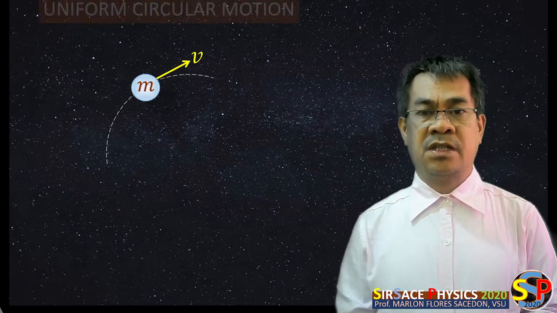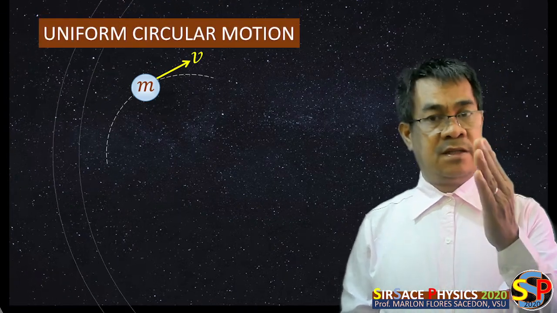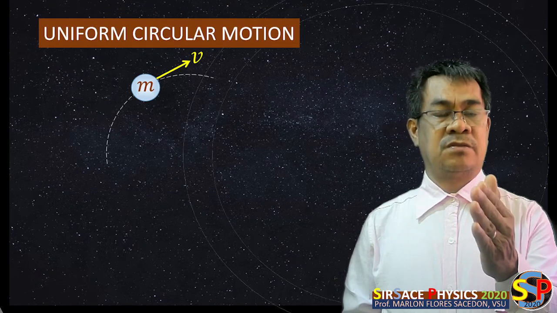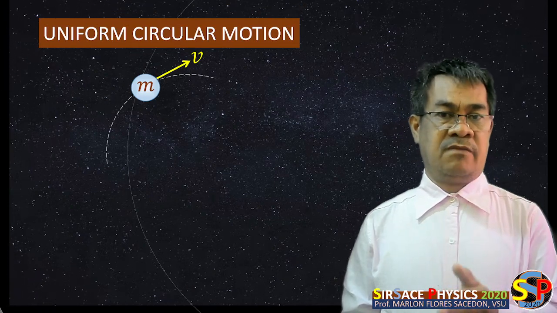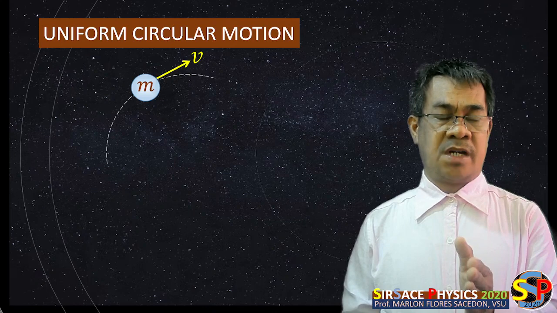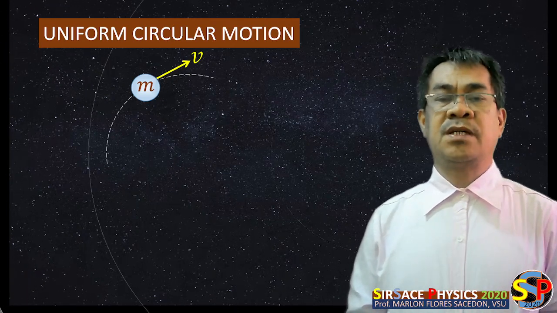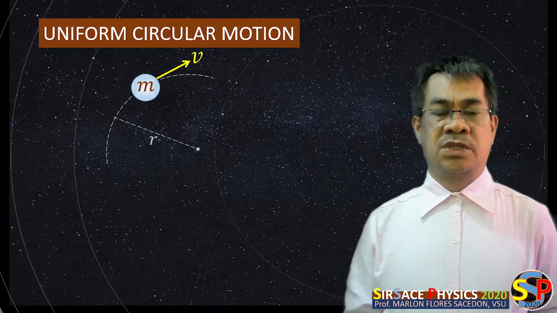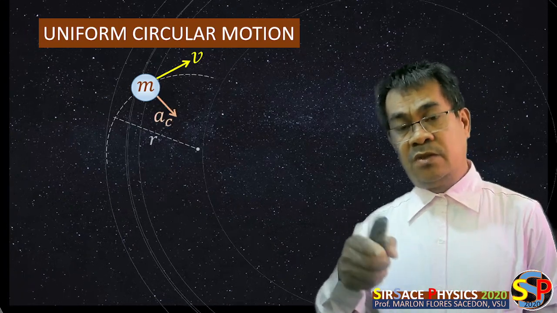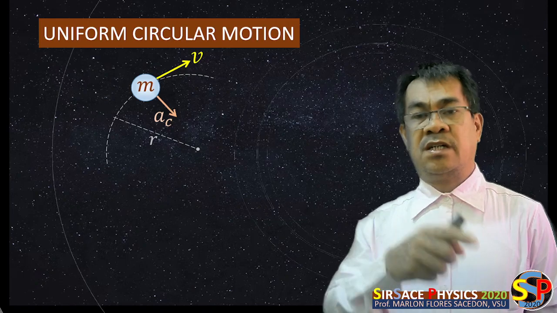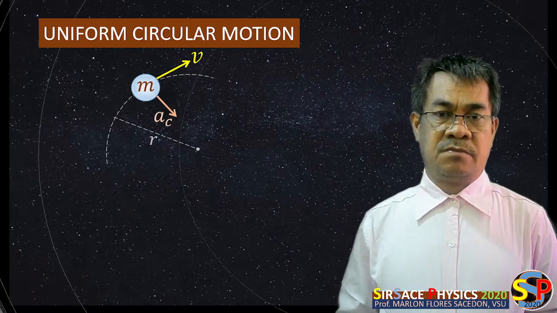It follows that we have only the acceleration due to the change in velocity direction, and that is directed towards the radius. We call this uniform circular motion, whose acceleration is only towards the radius of the circle because there's no change in magnitude.